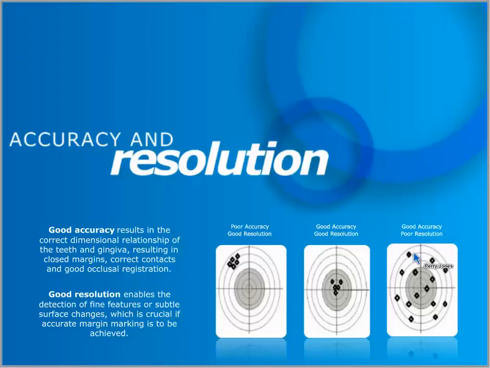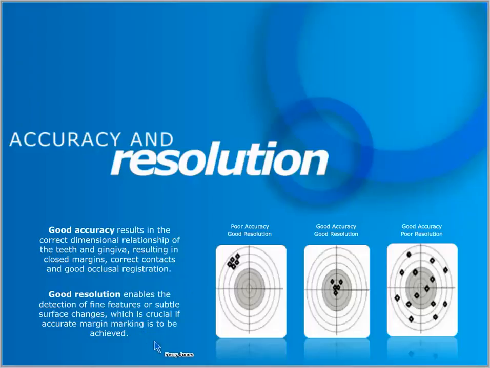All the way to the right, here we have data that's all over the place, and we have good accuracy and poor resolution. What we like to have would be good accuracy, meaning we have nice, correct dimensional relationships, teeth, gingiva, resulting in nice, good margins, closed contacts, good occlusal registration, and good resolution, which allows us to see the very fine features, subtle surface changes.